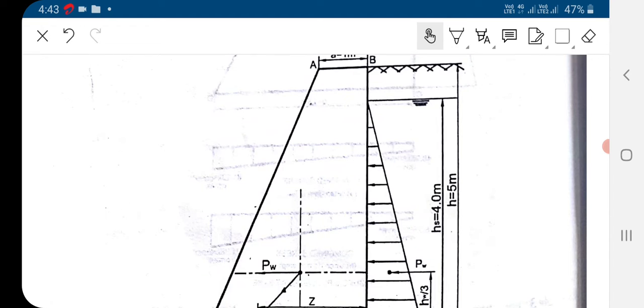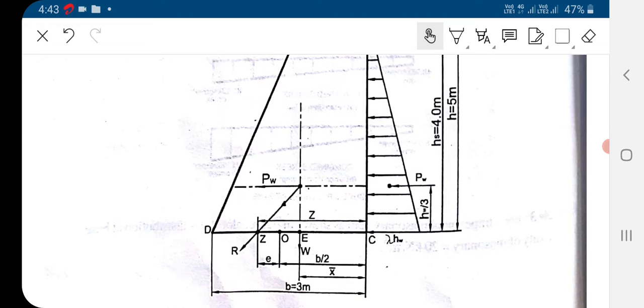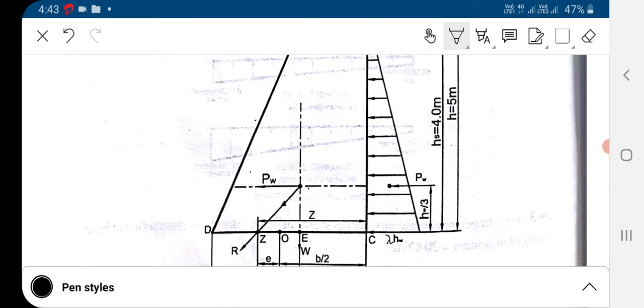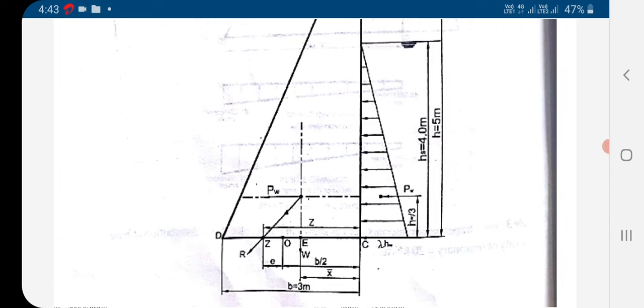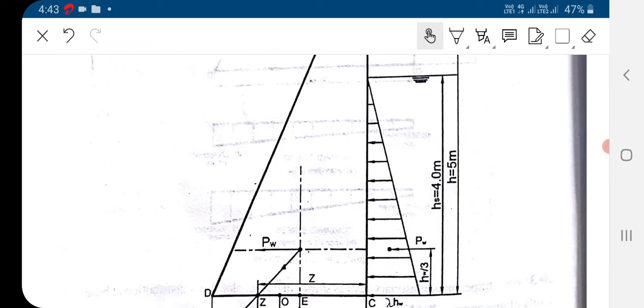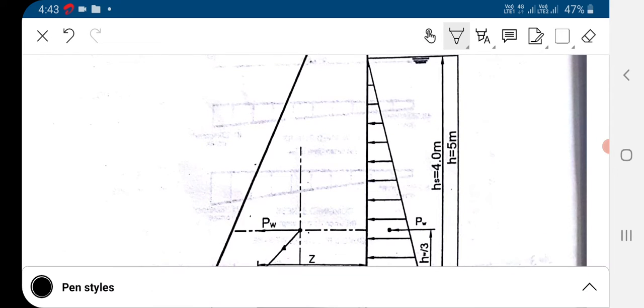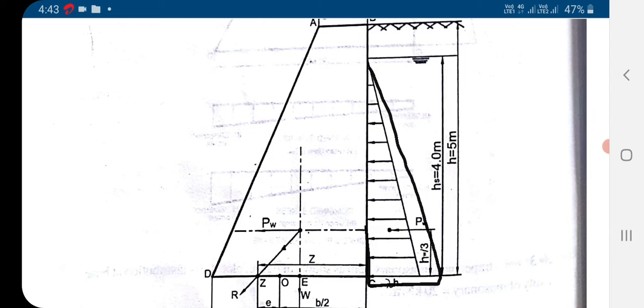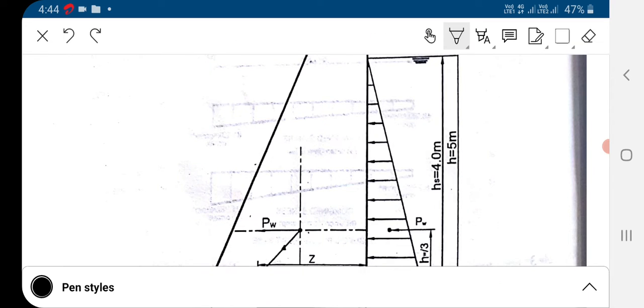So the first step is to compute the forces acting over this dam. The first force acting over this dam section is the water pressure. This triangular portion is the water pressure distribution diagram.